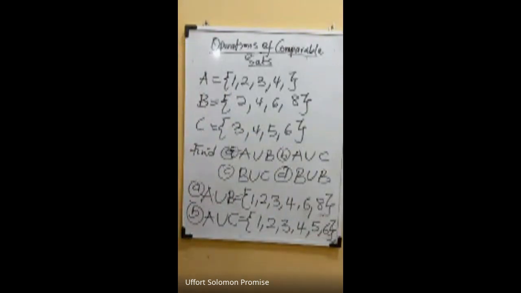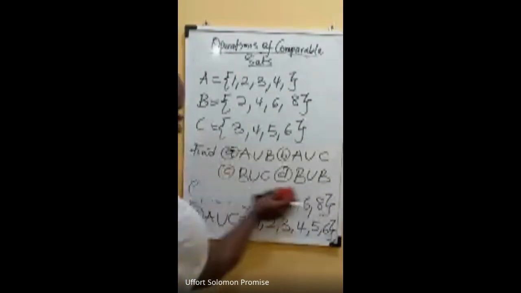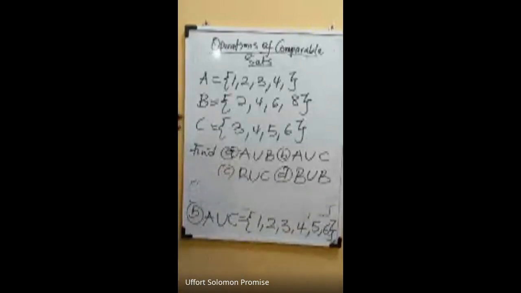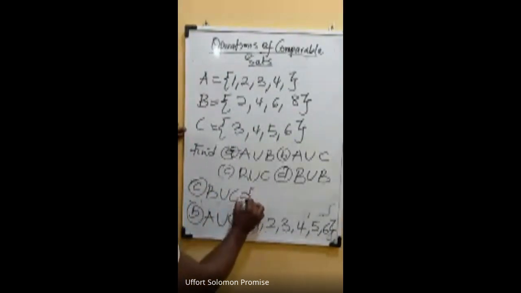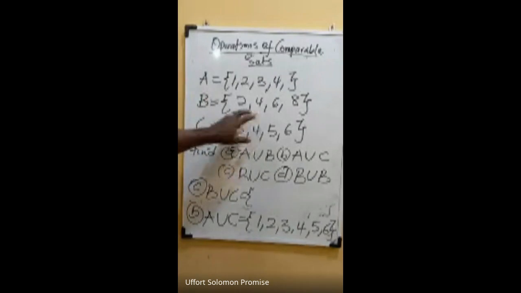So let me take out this part so that we can do the next one. Let's do B union C. That's for C. What is B union C? B union C is the elements in B compared with the elements in C. So let us look at it.